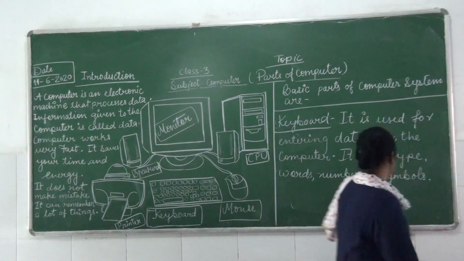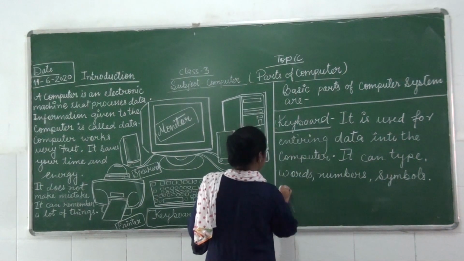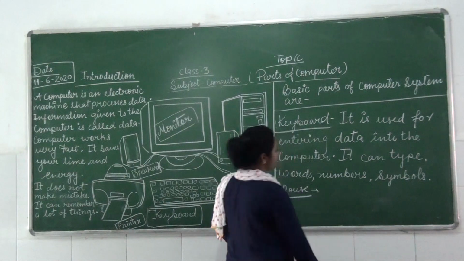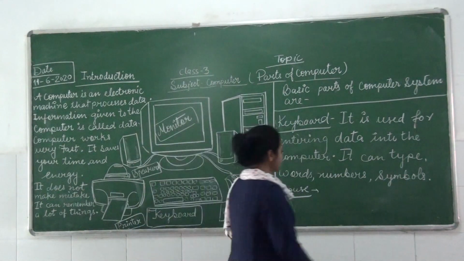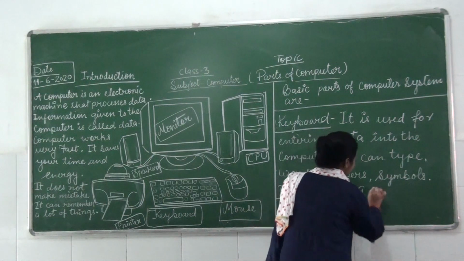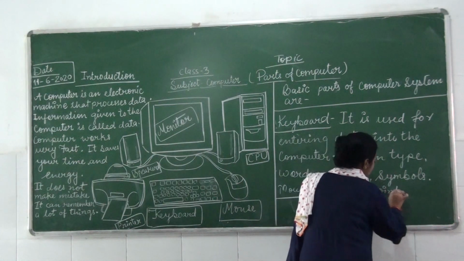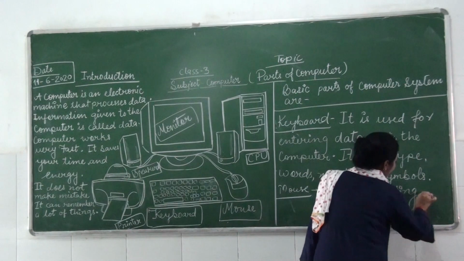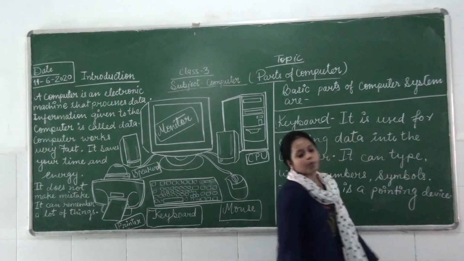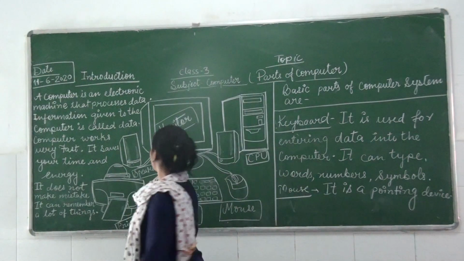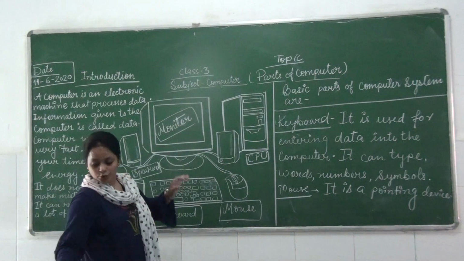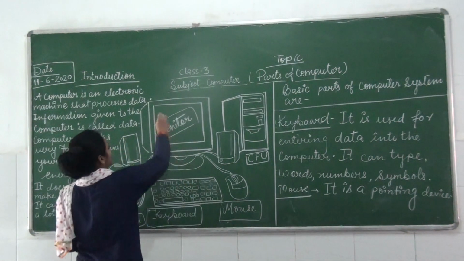Next is mouse. Mouse is also an input device. It is a pointing device. Children, pointing means in the monitor you have seen an arrow like this.